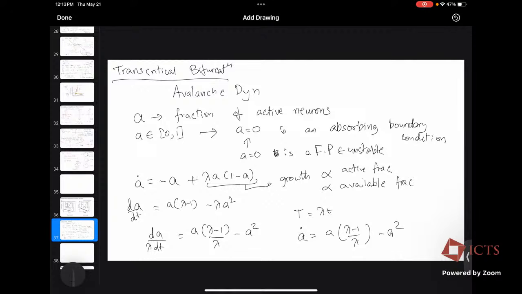You can think of it as having some probability to activate other neurons. So even in a purely excitatory setting, you can still get avalanches which can decay over time, just from this probabilistic aspect.